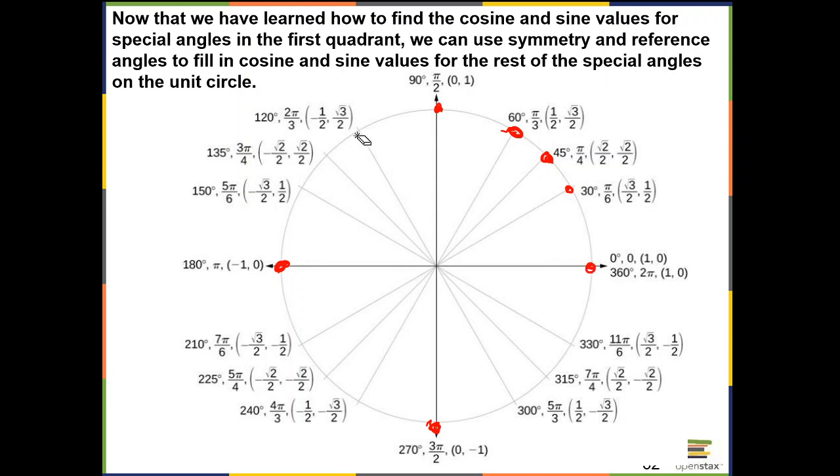And there are 4 times 3, 12 of them, right? 12 plus 4, that's 16 different points. In order to get all of them, all you have to know is these three. Then you can use reflection to find the rest of them.